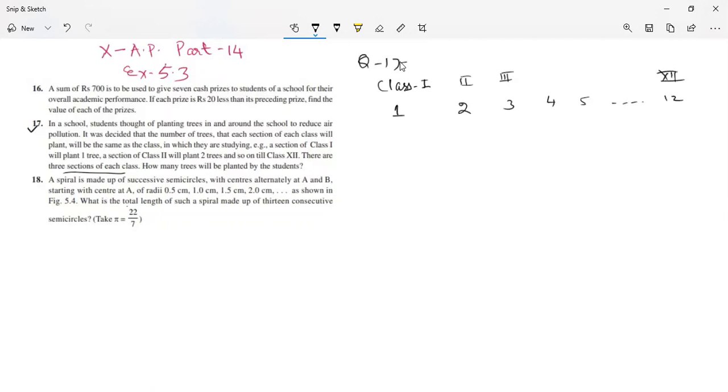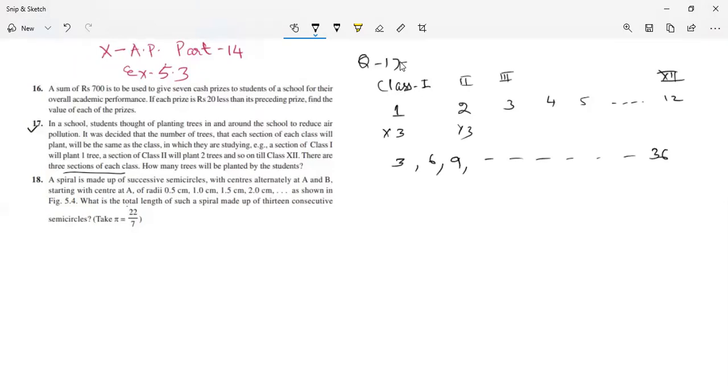And there are three sections, so that means class 1 will plant 1 into 3. Each one is multiplied by 3. So class 1 will plant 3 trees, class 2 will plant 6 trees, class 3 will plant 9 trees, and class 12 will plant 36 trees. So like this they will plant.